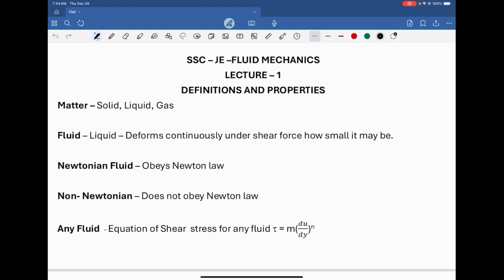If your definitions and properties are understood very well, the concepts can be established from them and the subject can be understood very easily. The definitions and properties is one of the most important chapters. Then I'll spend more time on these definitions and properties.